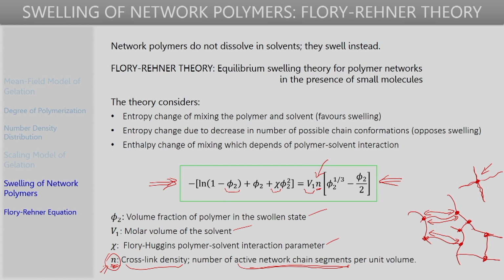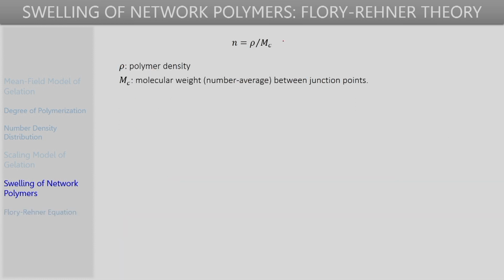If we divide the polymer density by that molar mass, then we will get this cross-link density N. So, N is given by simply rho by MC, where rho is the polymer density, and MC is the number average molar mass of the active network segments between different junction points.